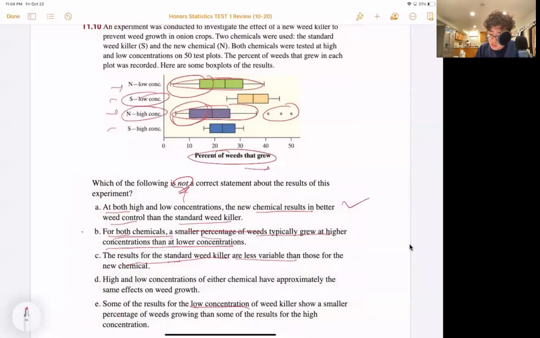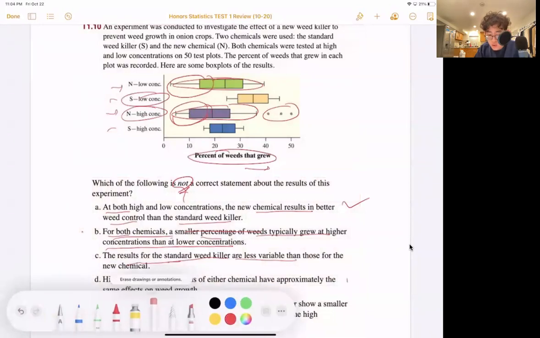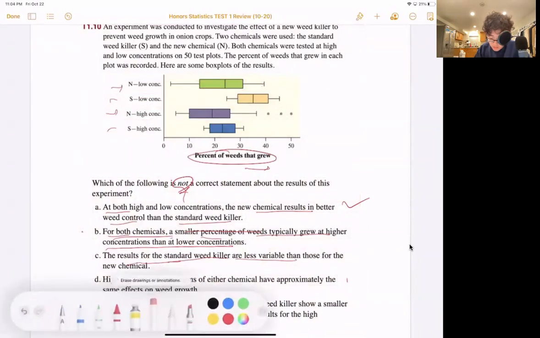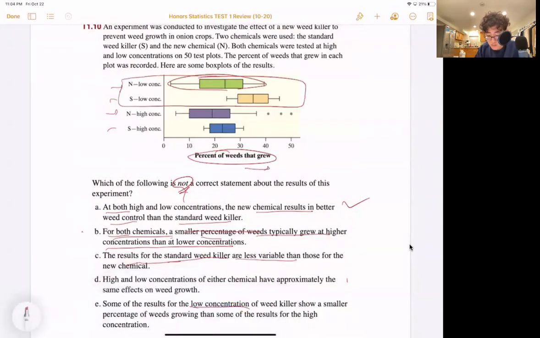For both chemicals, a small percentage of weeds typically grew at a higher concentration than at lower concentrations. Okay, so we're comparing the low concentrations versus high concentrations, but that's not true because if you take a look, on the low concentrations, we have one that is really spread and goes all the way to the minimum, but then we also have the standard weed killer that has a higher percentage of weeds that grew.